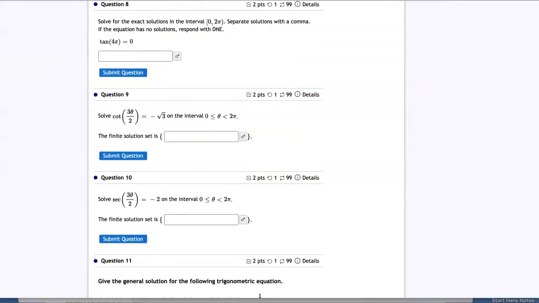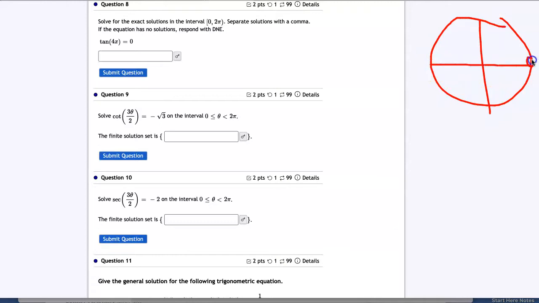Okay, question number 8. Tangent is already isolated, so first question, where is tangent equal to 0? Tangent is equal to 0 on the unit circle wherever sine is equal to 0, because tangent is equal to what? Sine over cosine. So wherever sine is equal to 0, tangent is equal to 0.